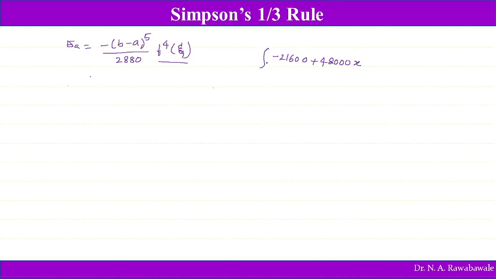And the integral of this has to be obtained. So on integration, this becomes 21,600x plus 48,000 x square divided by 2. If we substitute limits of integration from 0 to 0.8, with dx, then this becomes minus 2400.